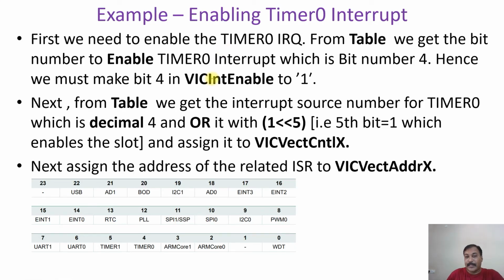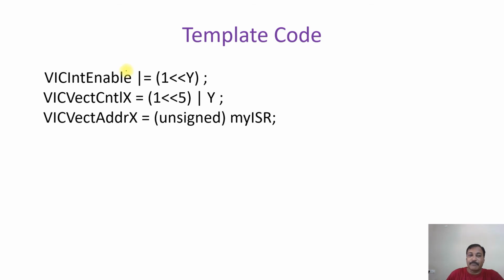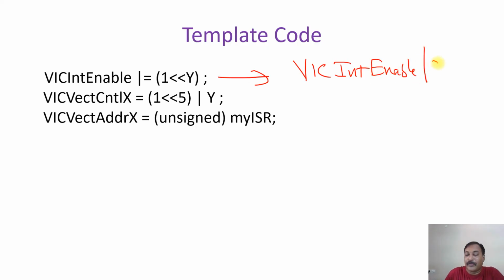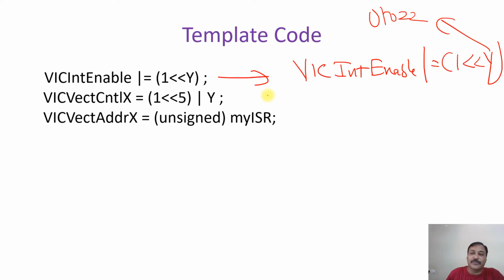I will directly go here. This is the template code. What is the first thing that you do? First, we have to enable. How do I enable? Vector interrupt controller interrupt enable is equal to 1 left shifted by y. Y refers to 0 to 22, any interrupt source from 0 to 22.